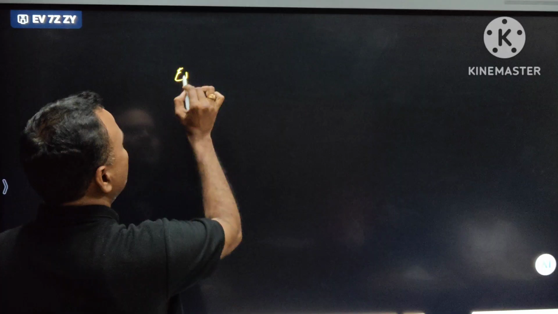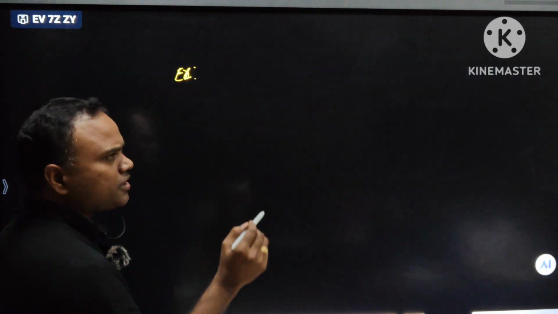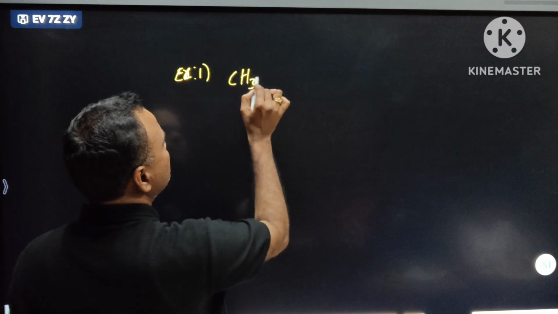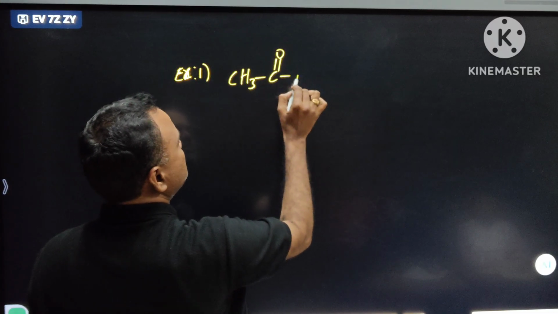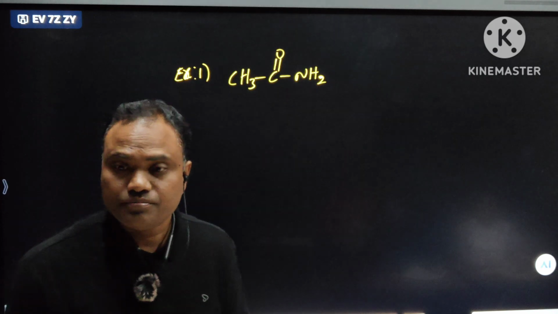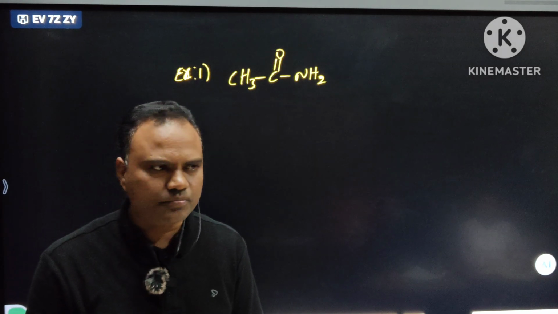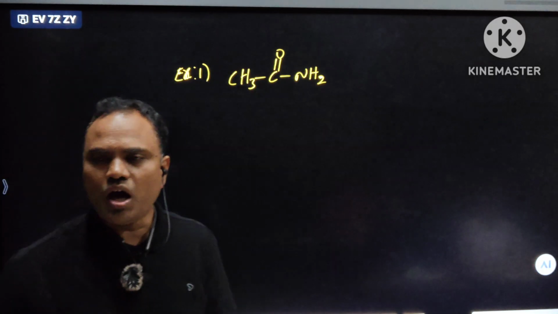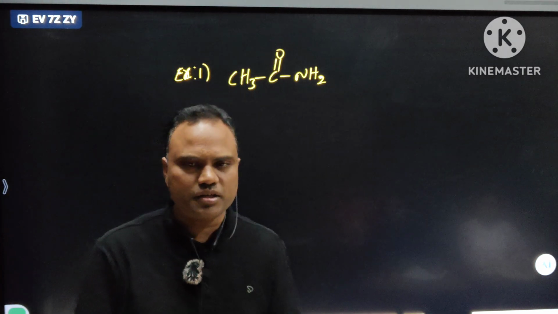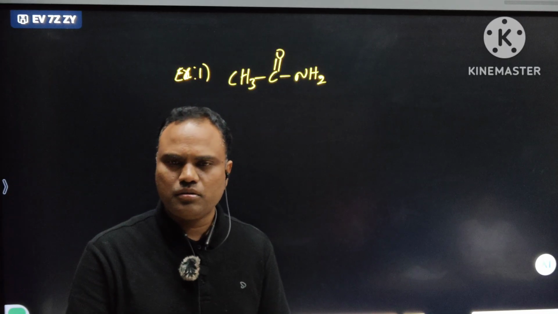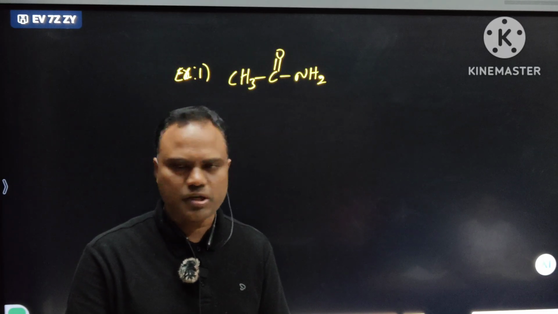See the examples, and names are also important. Few amides and their names. First example, what is its name? Alkanamide is the suffix: ethanamide, methanamide, propanamide, like that.